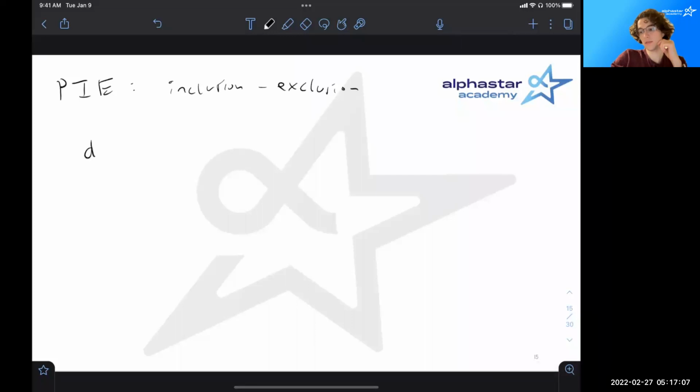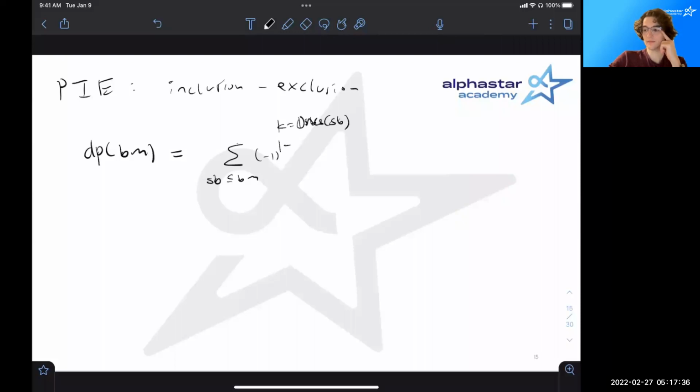If you want to compute DP of some bit mask, it's going to be a sum over the sub bit masks, -1 to the k, the number of ones in the sub bit mask.